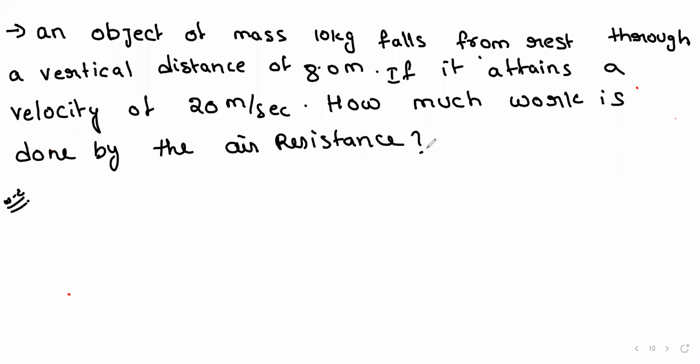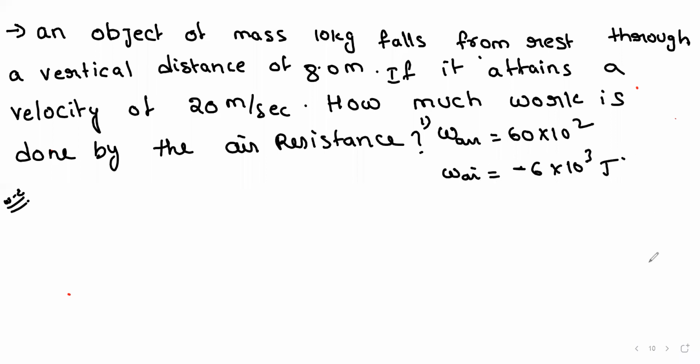Sir, work done by air resistance is 60 into 10 to the power 2, sir. Are you sure? Yes, sir. Fine. Any other answers? Minus 6 into 10 power 3, sir. First answer is 60 into 10 power 2. Second answer is minus 6 into 10 power 3.